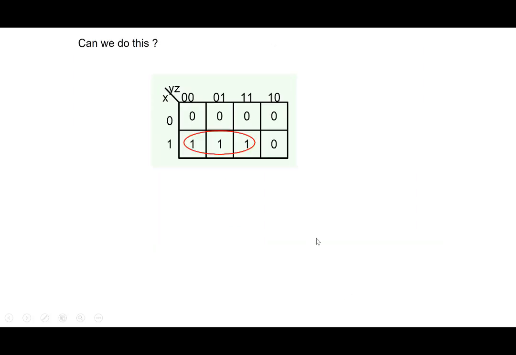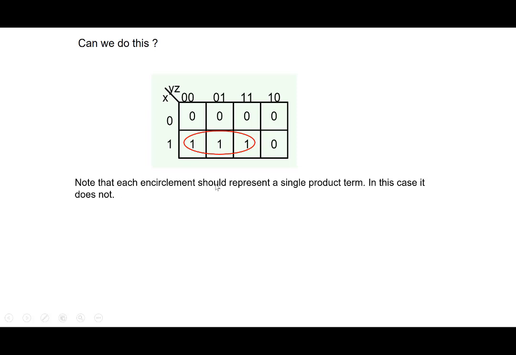Right, so, all right. Can we do this? Well, the answer is no. Note that each encirclement should represent a single product term. So when you encircle them, it's a single term. Now we cannot combine 0, 0, 0, 1, and 1, 1 together. We can combine 0, 0, and 0, 1 because they differ in one bit and will result in a simpler term.